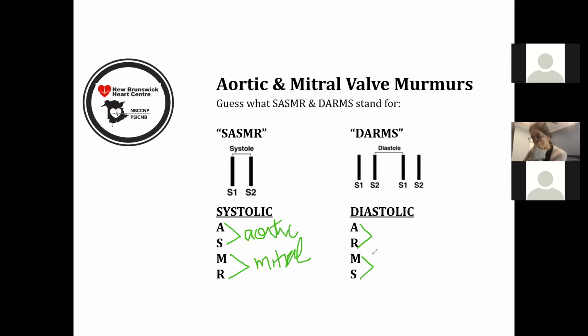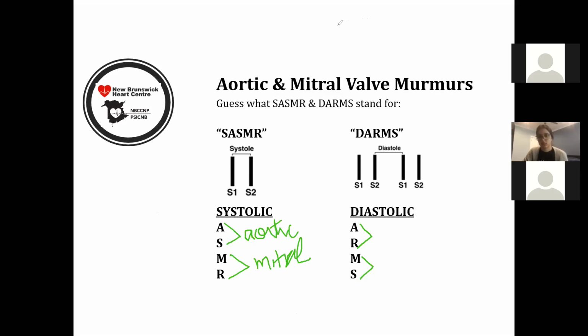So now I'm going to tax your brain. These are left-sided. So the aortic and the pulmonic valve function together. The mitral and the tricuspid valve function together. So down at the bottom of your page is a chat box.